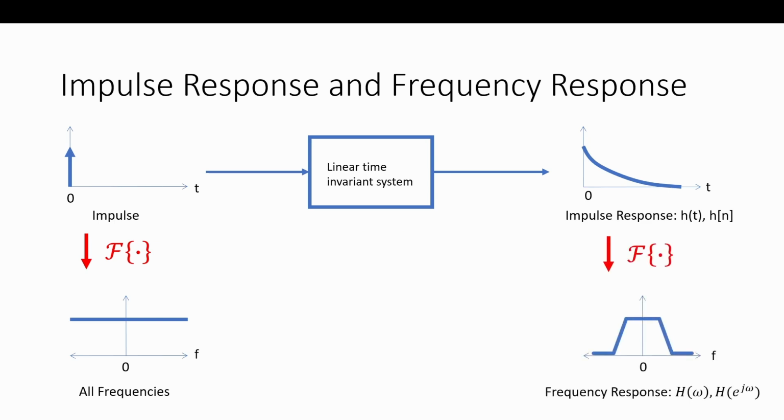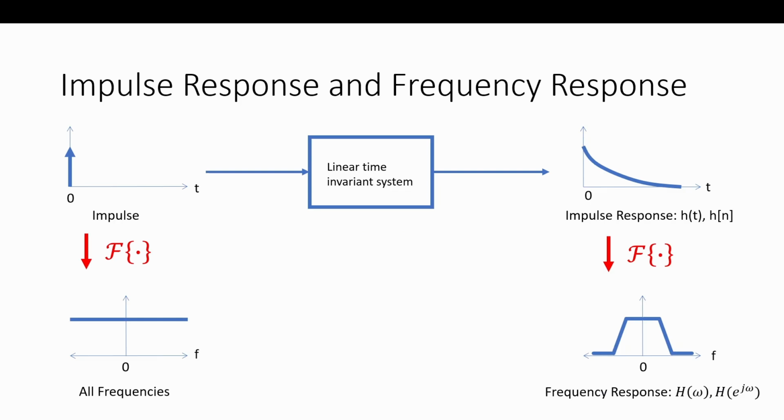So the impulse response. So we have an impulse. The system coughs out a response. If we took the Fourier transform of that, we're going to get the frequency response. We kind of see why, because if the impulse is applying all frequencies at the input, right? And then we have this relationship of the input to the output, which is convolution in the time domain.